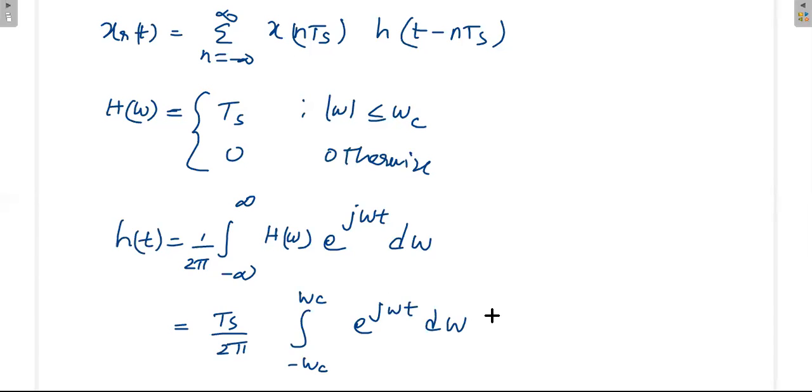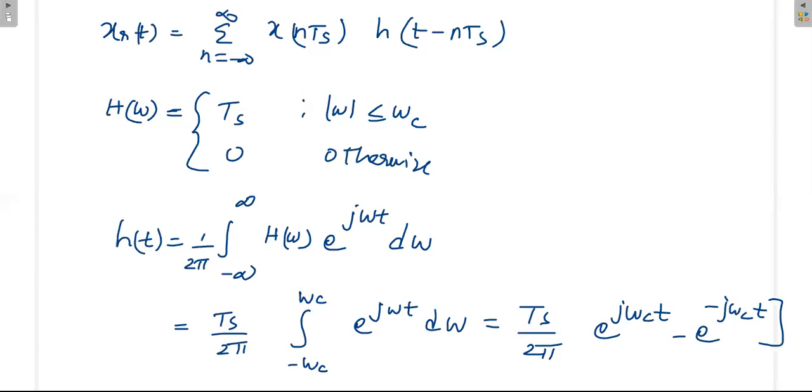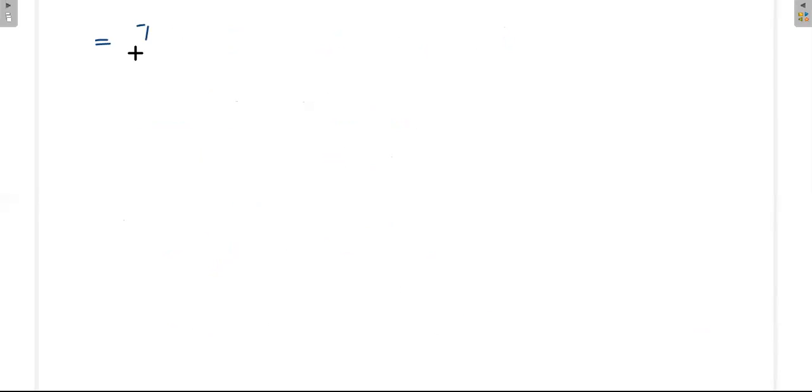This gives Ts by 2 pi times e power j omega c t minus e power minus j omega c t, divided by 2j.